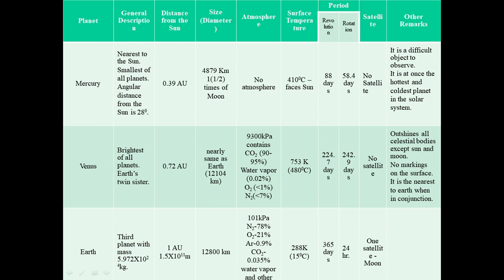Its period of revolution is 88 days, and its period of rotation is 58.4 days. That is more than twice the period of rotation of Earth. And there is no satellite for the planet Mercury.